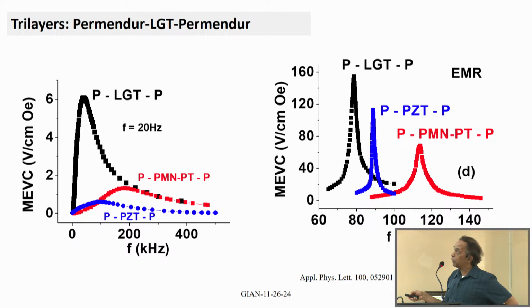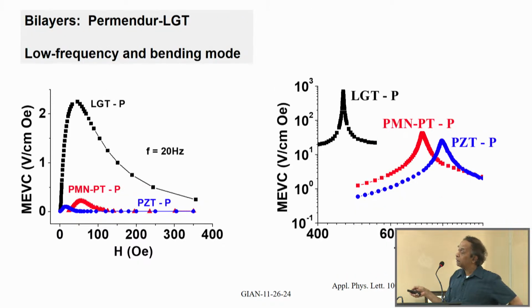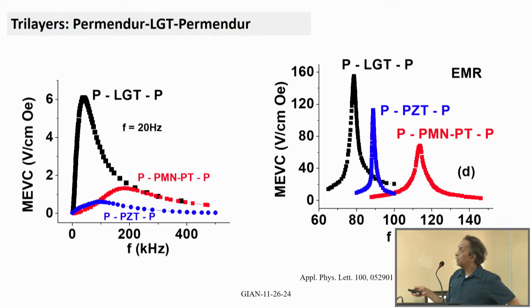I just want to point out that for a bilayer, the maximum is around 2 volts for the bilayer with LGT, and for a trilayer it is 3 times that. So, if you want to put together a device, then if it is going to be useful only at low frequencies, you are better off with trilayers rather than bilayers. Okay.